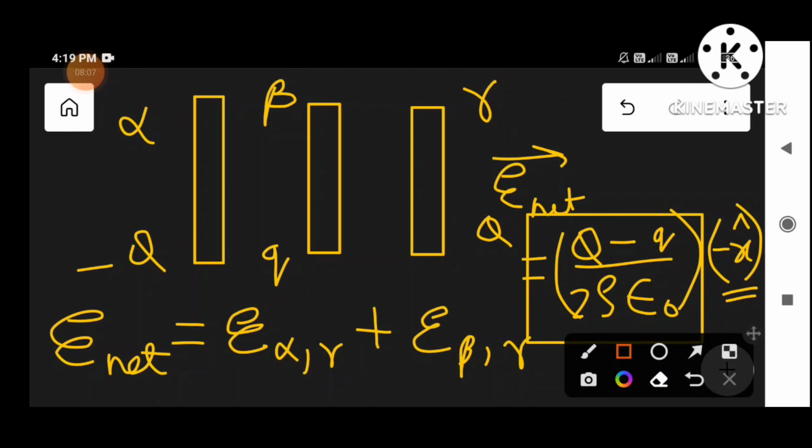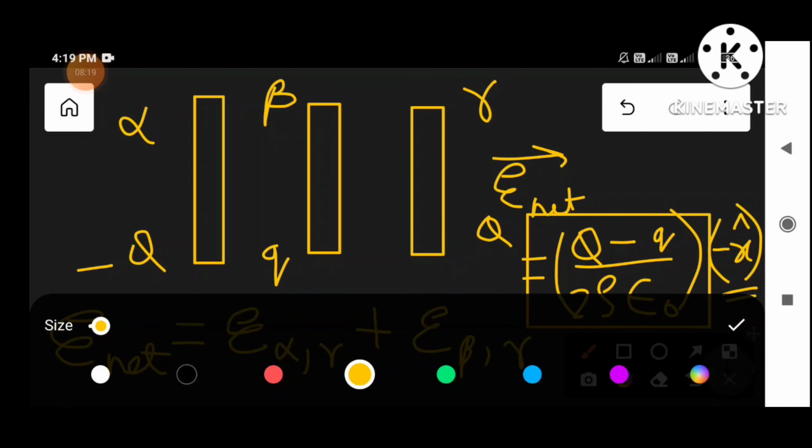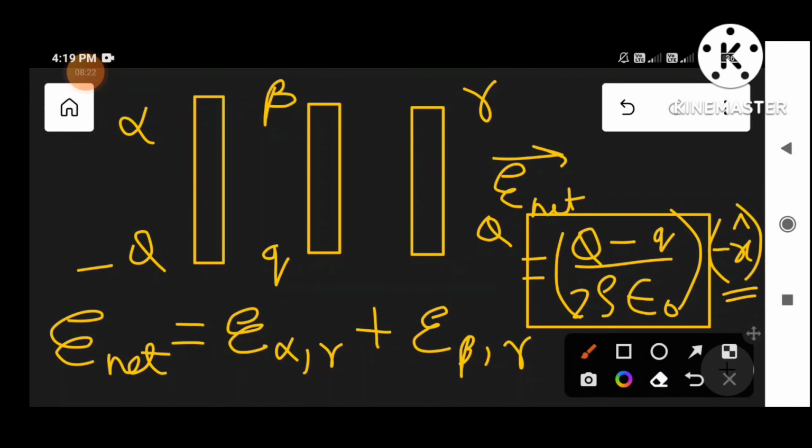This part is written in terms of magnitude, and in terms of magnitude it is given that capital Q is greater than small q, right? But the direction of this net field will be somewhat in this direction, not on beta, it will be on alpha, on gamma, but this is how it will look like.